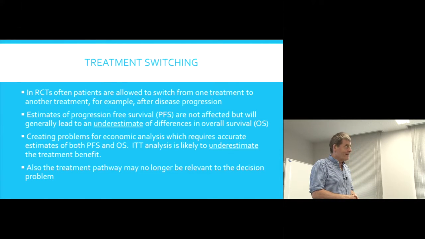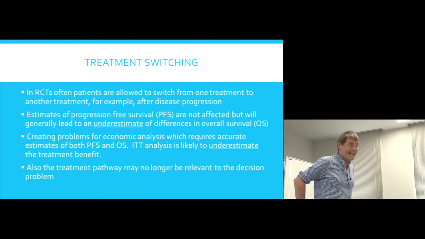Well, ITT, intention to treat, is easier because it's clean. We know at the randomization, this half got that treatment. We're randomized to that treatment. This half randomized to that treatment. But if treatment switching takes place, we can be pretty sure it's a biased estimate we've got from the intention to treat. So I think it's probably better to try and adjust for treatment switching.